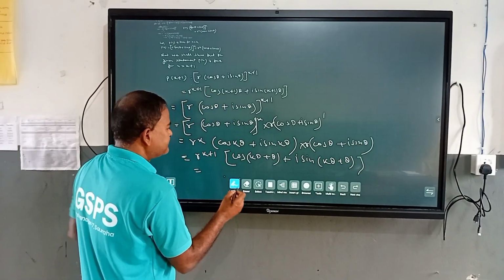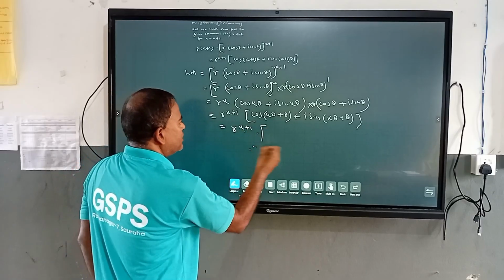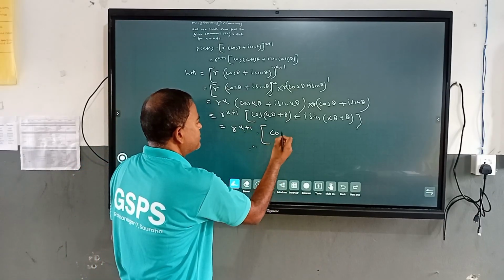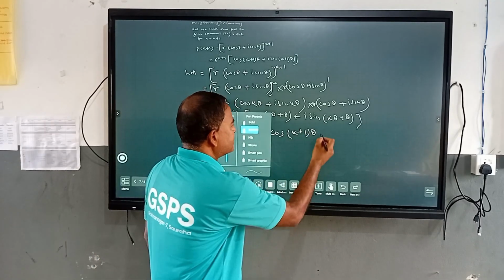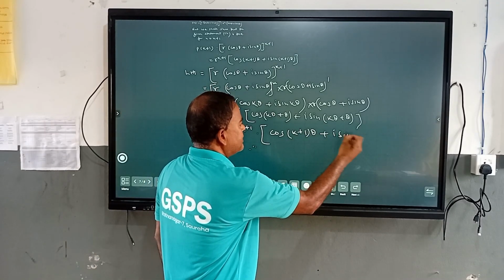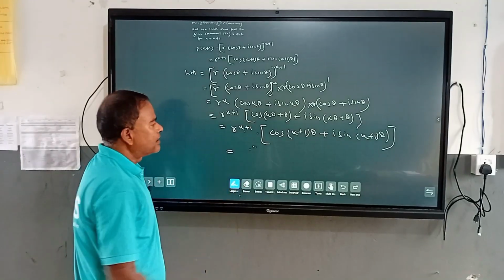After solving this, we get r^(k+1), and taking theta common, we get cos (k+1) theta plus i sin (k+1) theta. So this is the RHS.